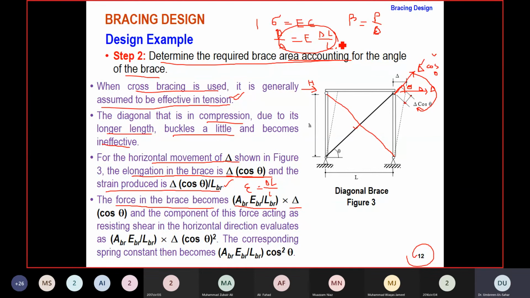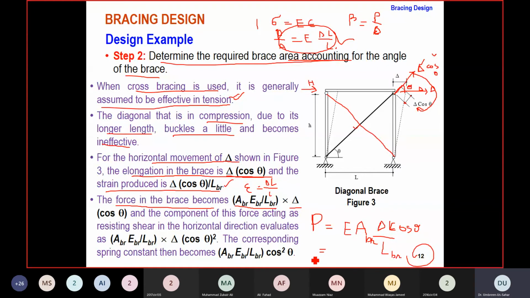By continuing this equation, you keep P on one side, and on the other side you have E into A into delta L over L. So just input your values: A as A_BR, L as L_BR, the length of the brace, and delta L, the change in length, is delta cos theta. You can just input the corresponding values.